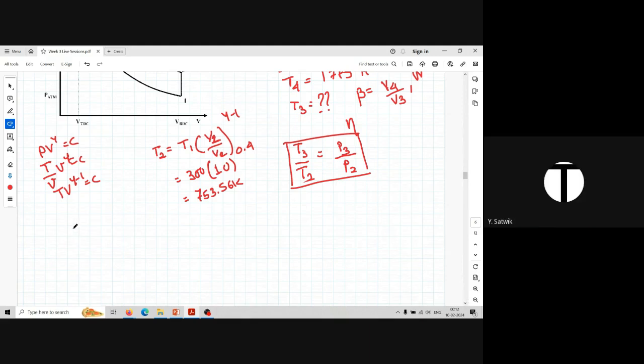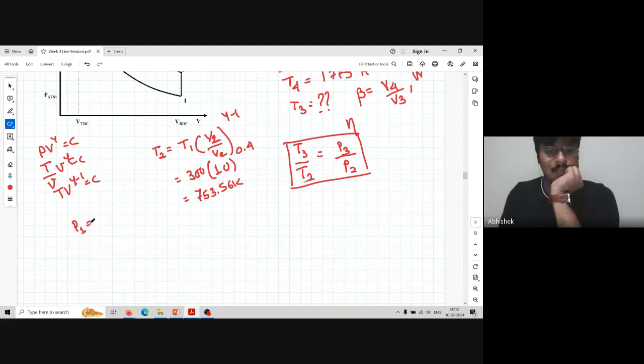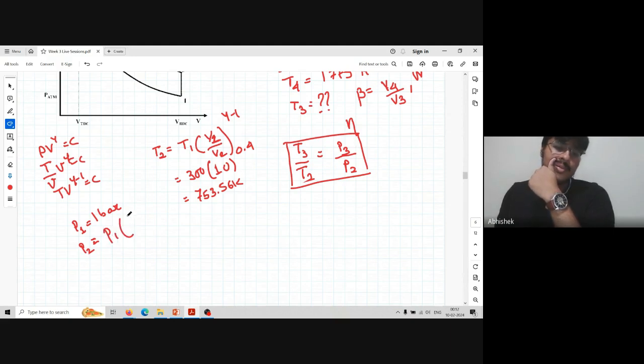We know P1, which is equal to 1 bar. Can we calculate P2? How to calculate P2? Direct: P1 into V1 by V2 to the power gamma, since PV to the power gamma is constant. So P1 is 1 bar, and it is 10 to the power 1.4. What is P2? You tell me.